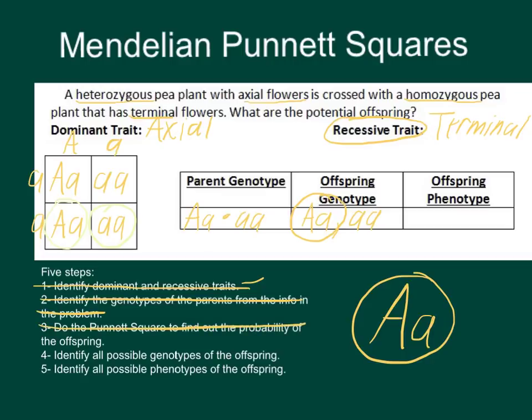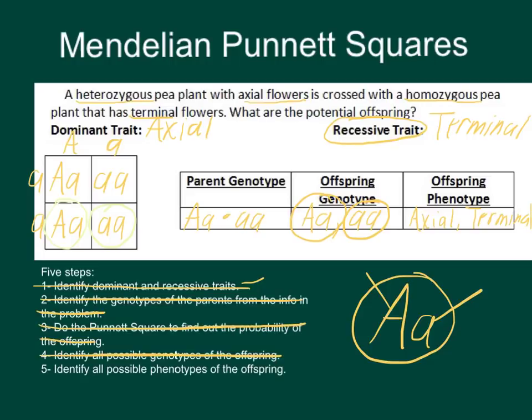Oh, I forgot to cross off our steps here. We are on the last step. So what does this one actually look like? Well, if this one's axial and this one's terminal, and we know that axial is dominant to terminal, one of our potential offspring phenotypes will be one that has axial flowers. This individual has two little a's, which are recessive, standing for terminal flowers.